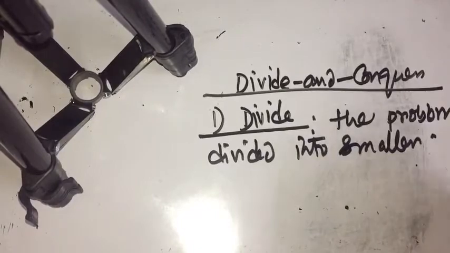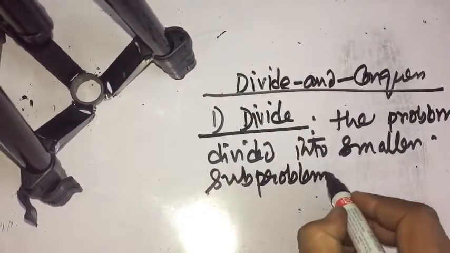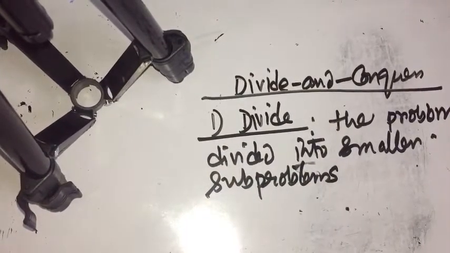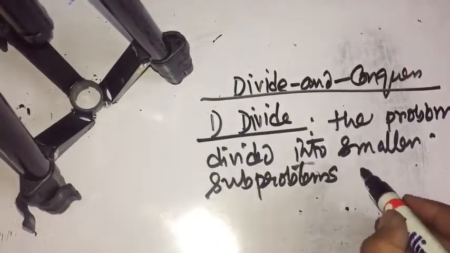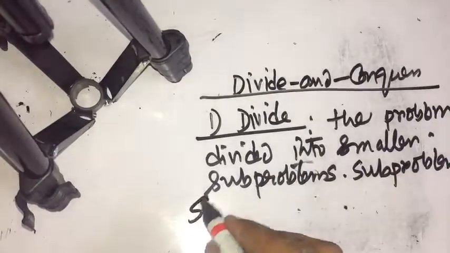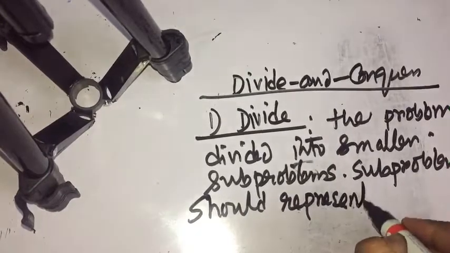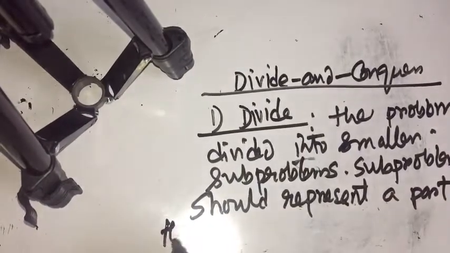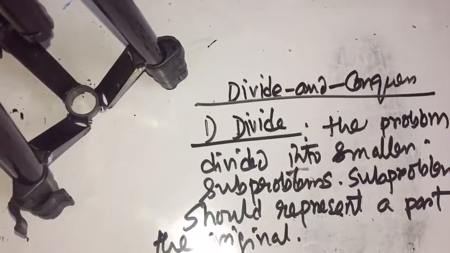The main problem is divided into smaller subproblems, and the subproblems should represent a part of the original problem. There is a recursive structure; it should be the same as the original structure.